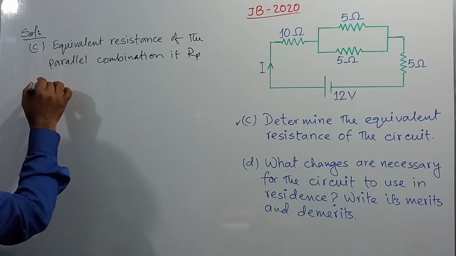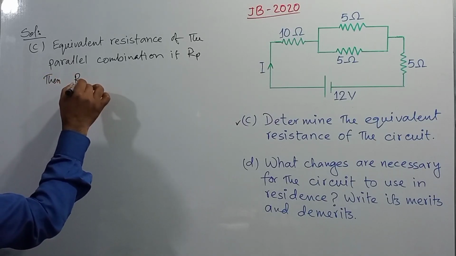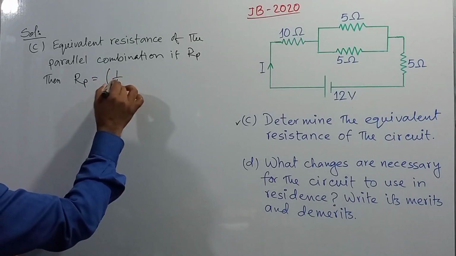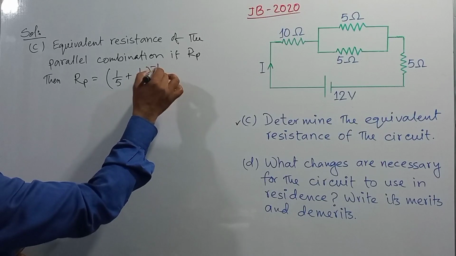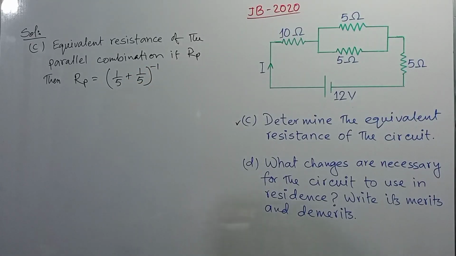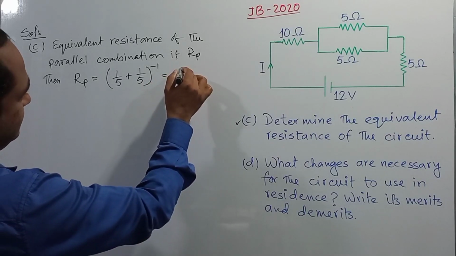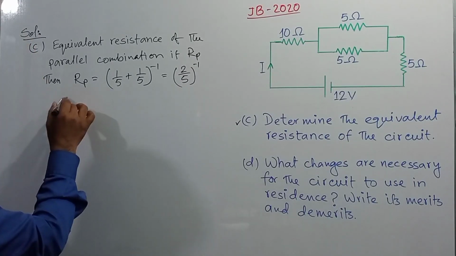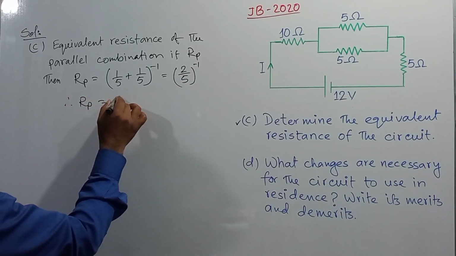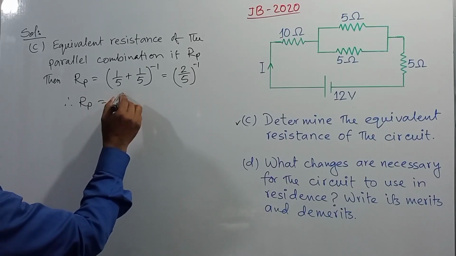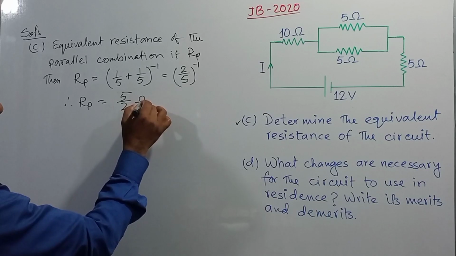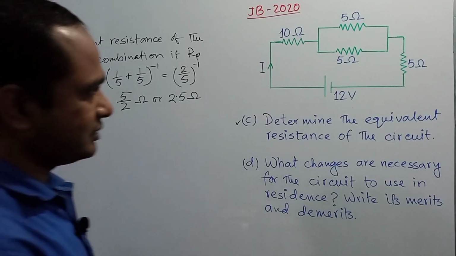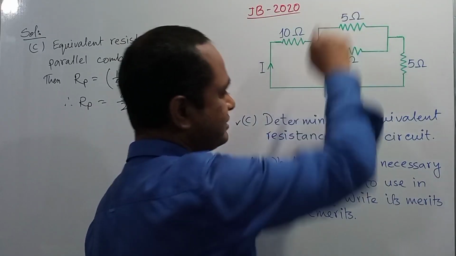Then Rp is equal to, in case of parallel combination, the inverse of 1 by 5 ohm plus 1 by 5 ohm. After the calculation, you will get the inverse of 2 by 5. Therefore Rp is equal to 5 by 2 ohm, or 2.5 ohm. This is the equivalent resistance of the parallel combination portion.